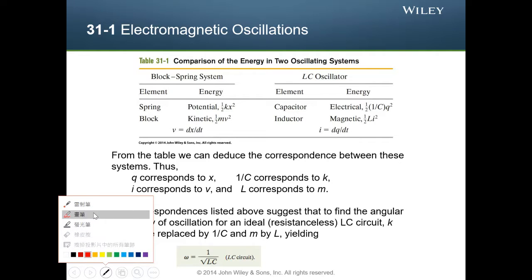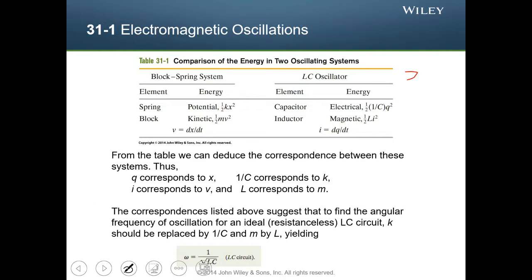It is assumed like this. You have an inductor and capacitor, and for example, you have a source.